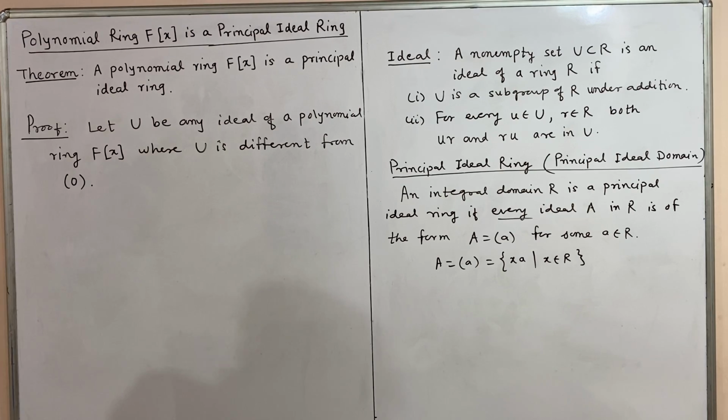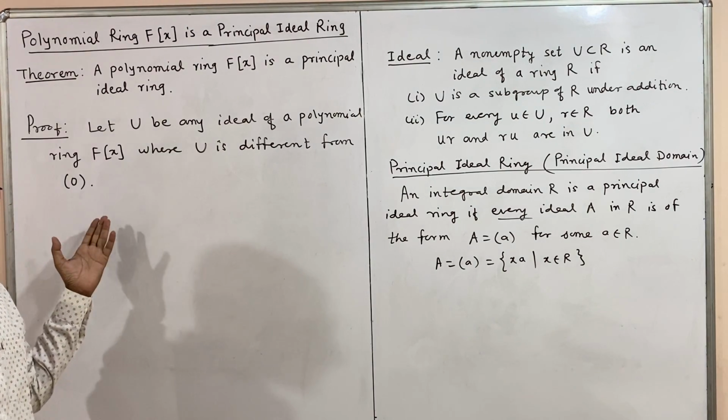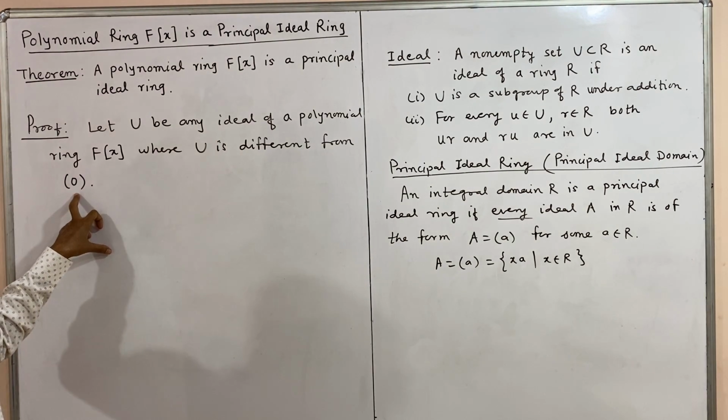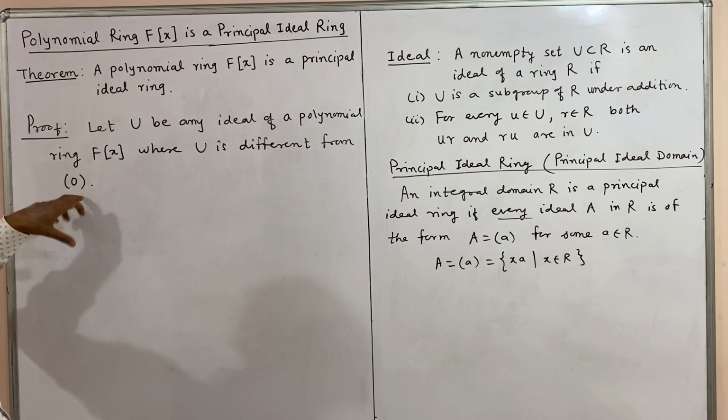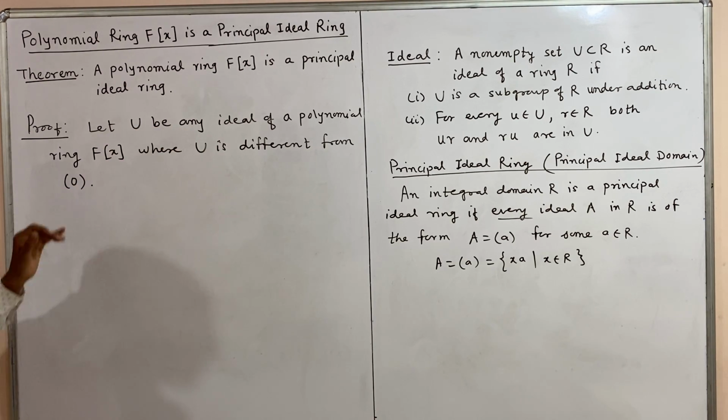There are two obvious or trivial ideals of a ring, the 0 ideal and the ring itself. The 0 ideal will contain only the 0 element. So therefore we shall consider a proper ideal that is different from 0.